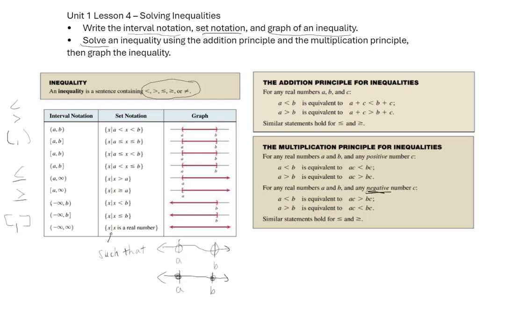When you multiply or divide by a negative number, it flips. If we add or subtract or multiply by a positive number, the inequality stays the same. But with negative numbers, it changes and we have to flip that inequality sign.